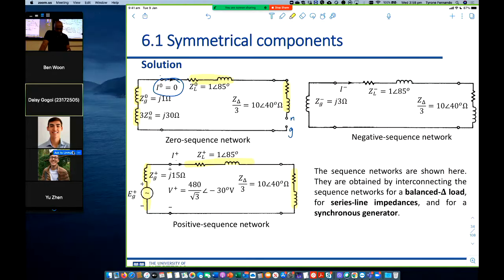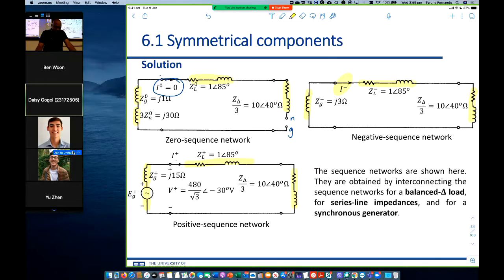The negative sequence circuit is exactly the same without the voltage source. We have the negative sequence impedance of the generator, of the line, and of the load, and that's it. So the negative sequence current is also 0 because there's nothing driving it.